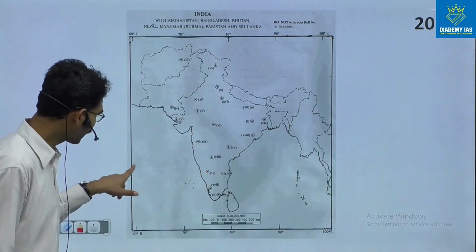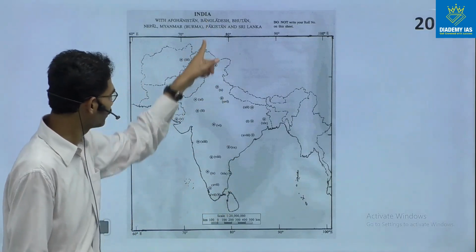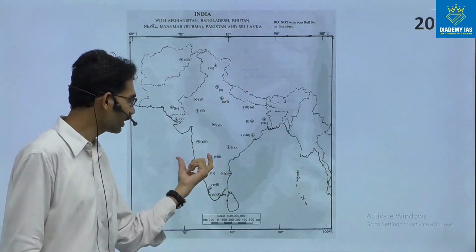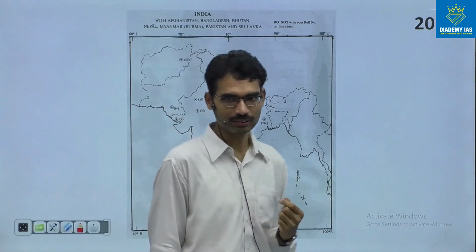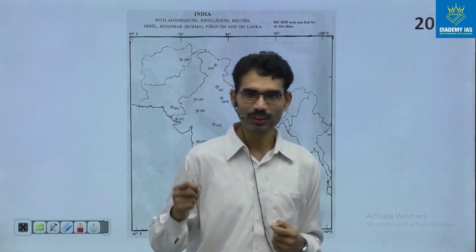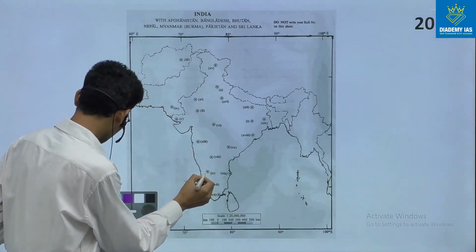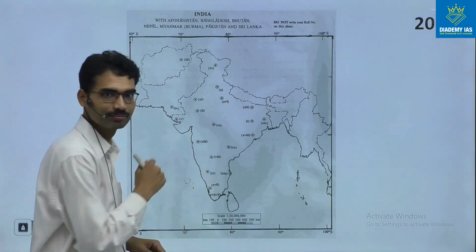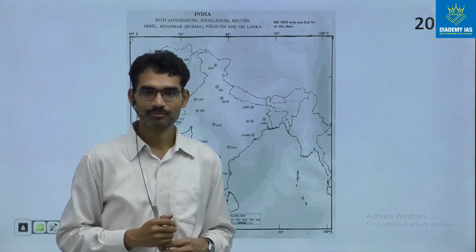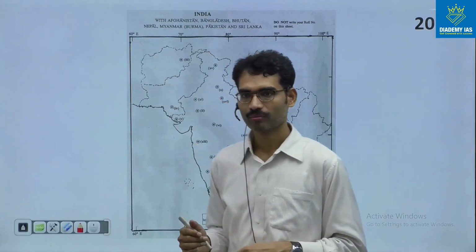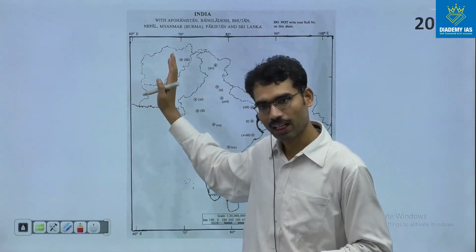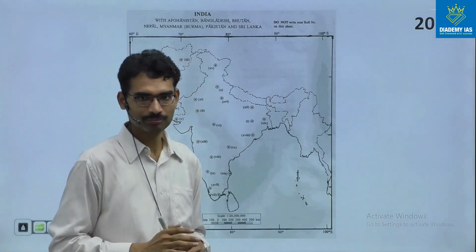Because unless we draw the exact latitude and longitude, we cannot identify the exact location. That map practice, we have to do it. Just in this particular location, we have so many sites. After finishing Harappan, we will start the map.